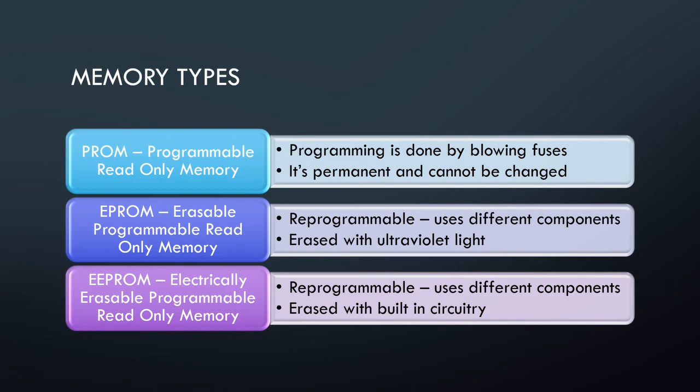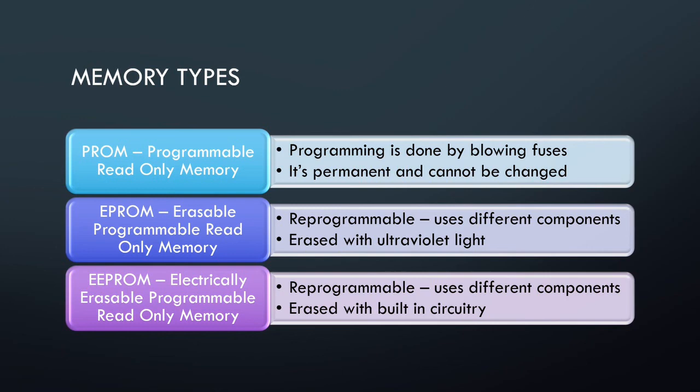And then we have EPROM. So EPROM is erasable programmable read-only memory. This is programmable, or reprogrammable rather, because it uses different components. However, you can't just reprogram it with anything. You have to erase the existing data with ultraviolet light before you can reprogram it.